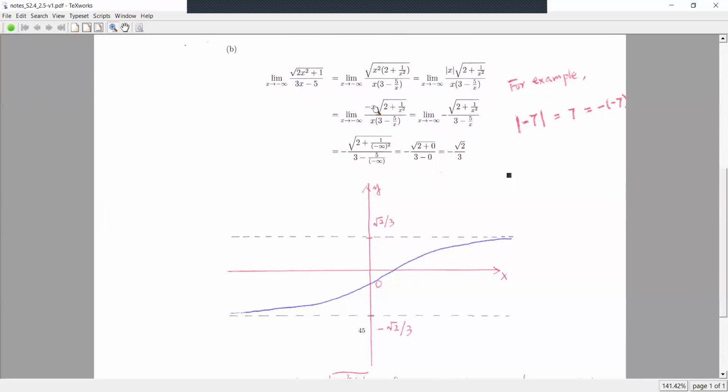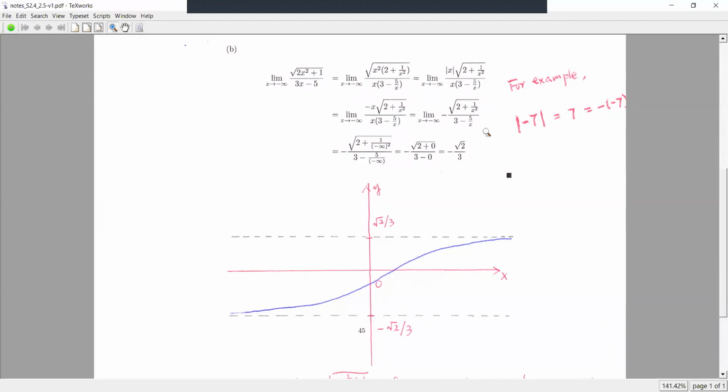Now, cancel x from the top and from the bottom. We then have this equation. Now this limit should be easy to tell. As x approaches negative infinity, 1 over x squared should approach 0, and 5 over x should approach 0.